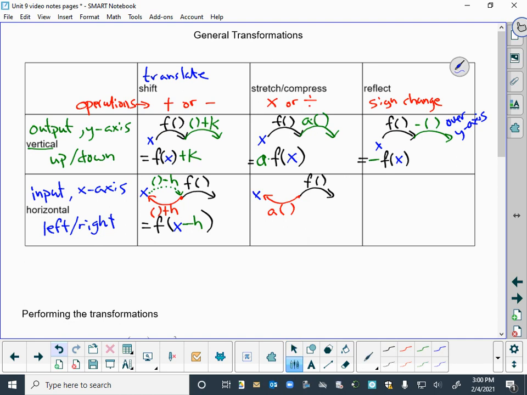And we drop the x in at the beginning to see what this looks like symbolically, but we need an arrow going back this other direction, and so the inverse of multiplying by a is either dividing by a or multiplying by 1 over a, however you want to interpret that. So the first thing that happens to our x is it gets multiplied by 1 over a, and then that is the output of the green arrow. It becomes the input of the black arrow, and we get something that looks like f of x divided by a.